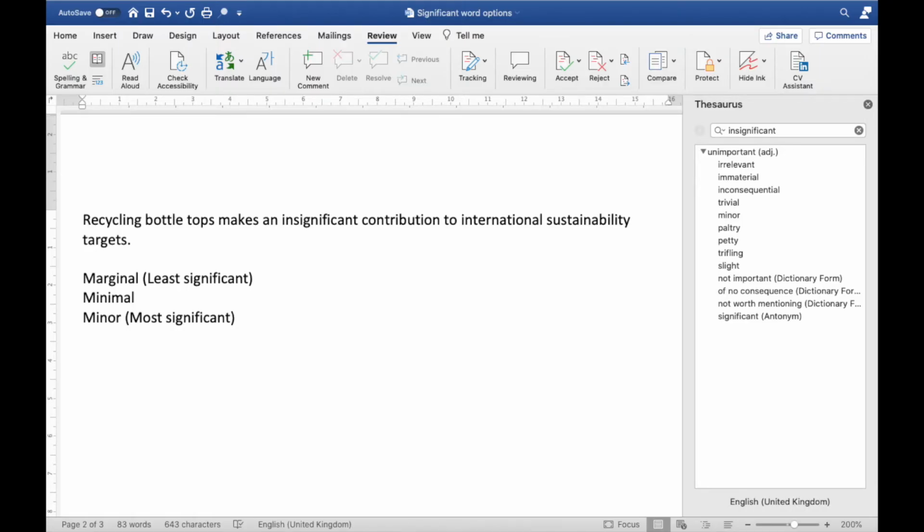So looking at the thesaurus with the word insignificant, the words that I would use to replace it with, starting with something that is the least significant, the most insignificant, moving to the most significant, the least significant would be marginal, and I would also use minimal and minor.